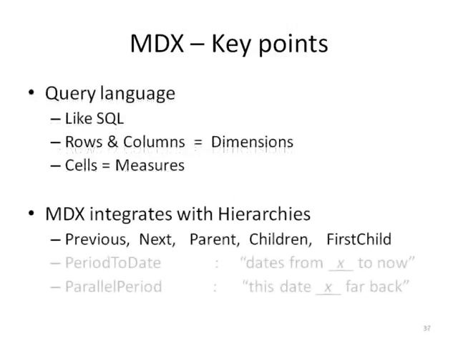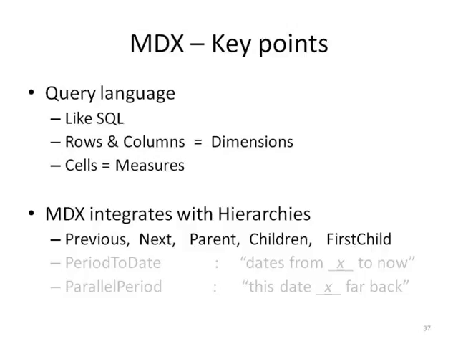MDX integrates very effectively with hierarchies. It understands the concepts of levels, and within a level it understands the concept of the next or the previous entry. So for example, from April you could talk about the next month. Or you could talk about the parent of a particular level. You can talk about the children of any particular level.